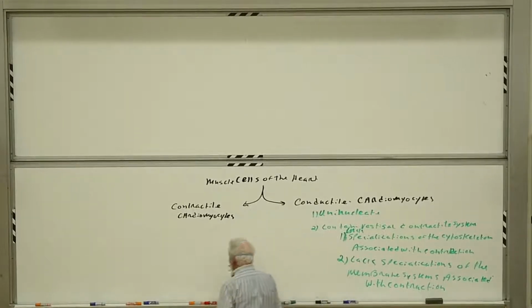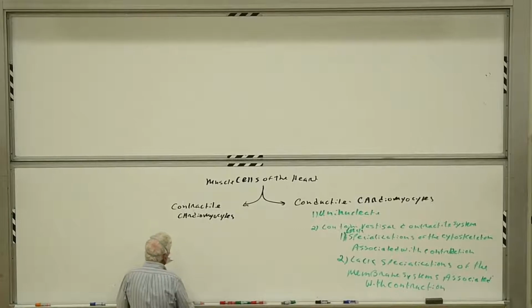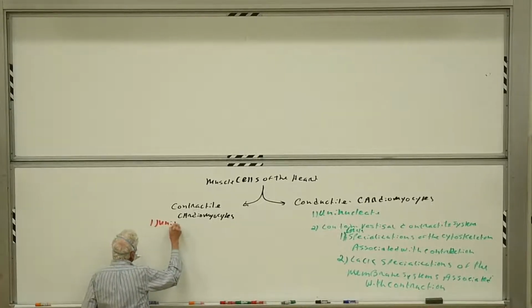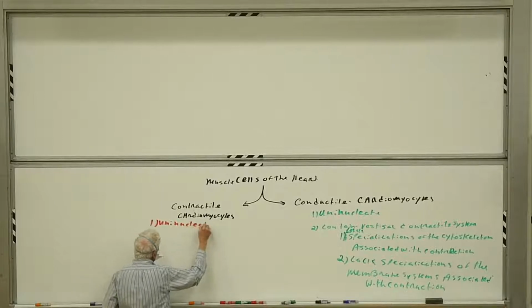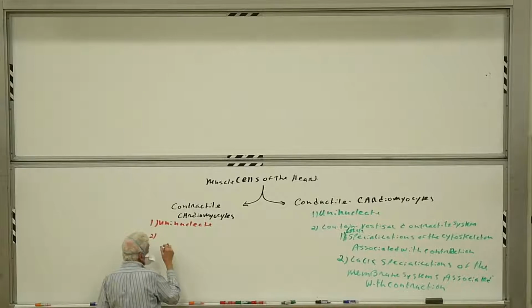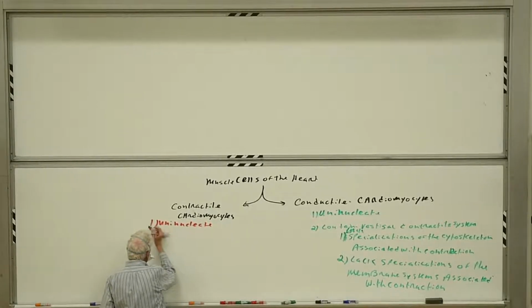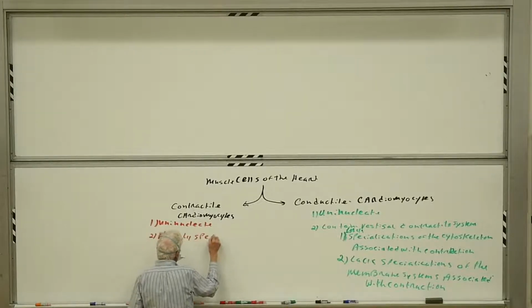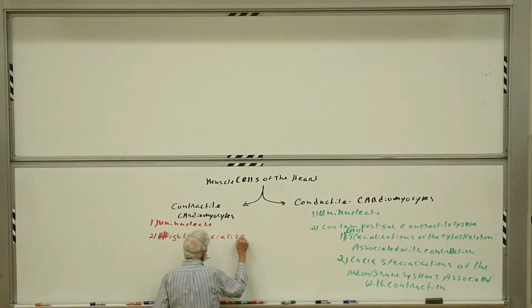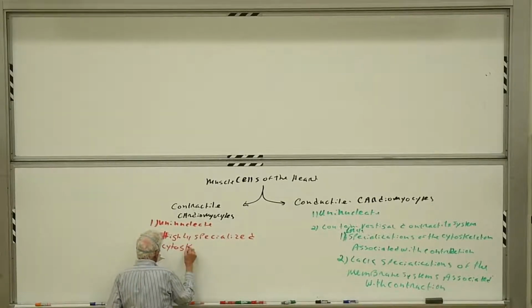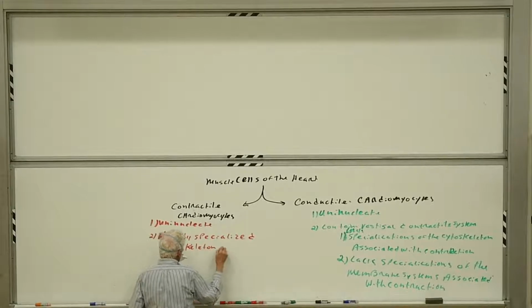But when we look at the contractile cells, and the contractile cells, again, they're uninucleate. And what we see is that they have a highly specialized cytoskeleton for contraction.